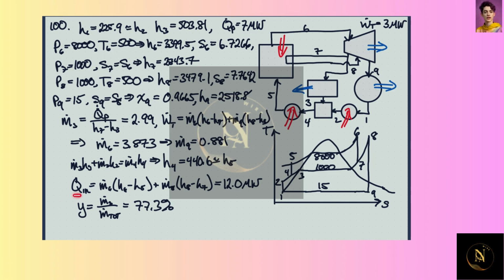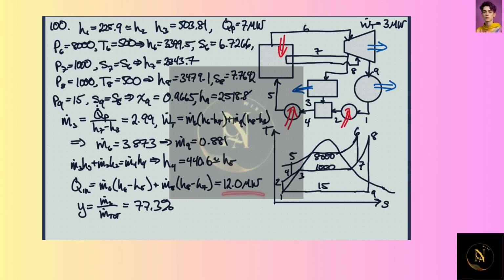And then the rate of heat transfer in is the mass flow at 5 and 6 times the enthalpy change here, and then the mass flow at 8, which is the same as 9, times the change in enthalpy during this heating process here.